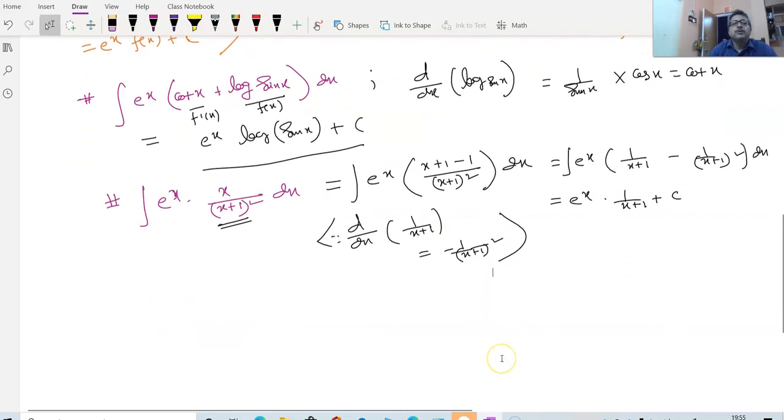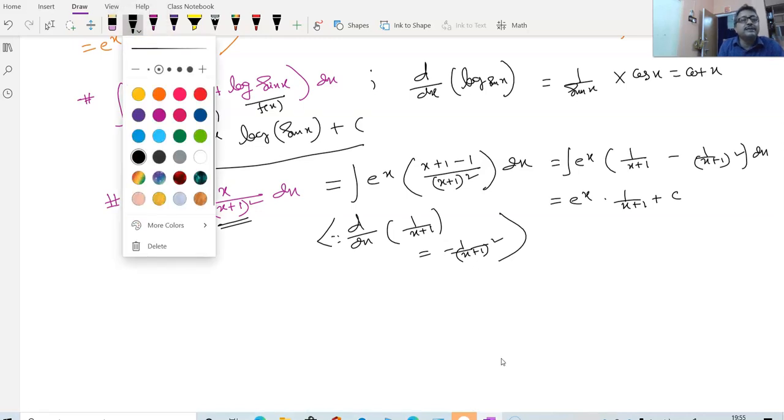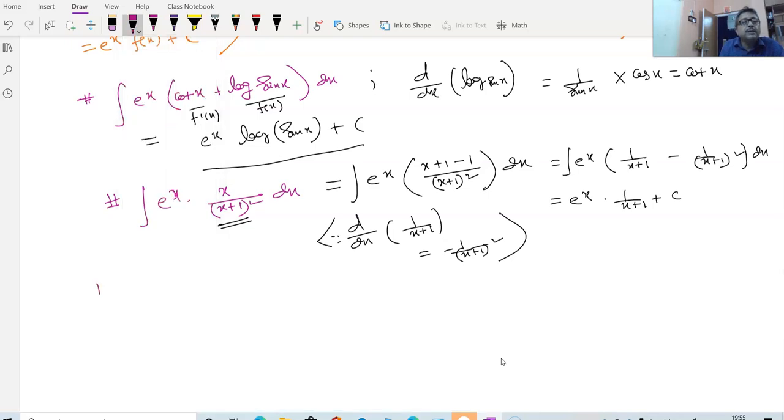So whenever sums are given in this form, that e to the power x into f(x) plus f dash x, sometimes your manipulation, your calculation may be big, but it can be done easily if you keep the concept in your mind that I can express it as the sum of two integrands apart from e to the power x, where one is f(x), the other one is f dash x.